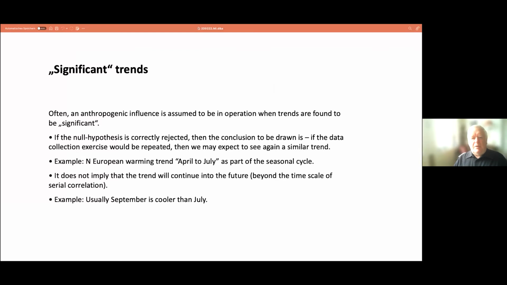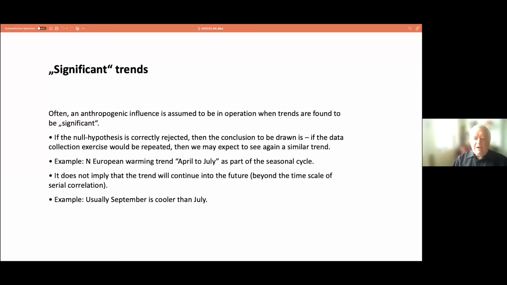Now, often people think that an anthropogenic signal is assumed to be in operation when trends are found to be significant. There's something to say to it, namely, if the null hypothesis is correctly rejected, and in most cases it is not, then the conclusion to be drawn is, if the data collection exercise were repeated, we may expect to see again a similar trend.